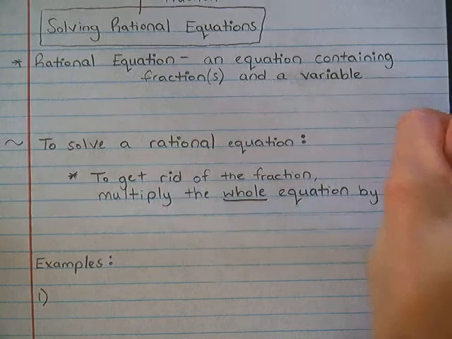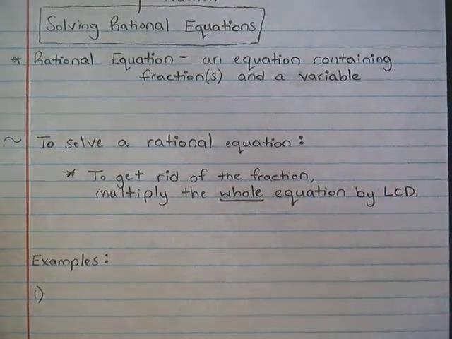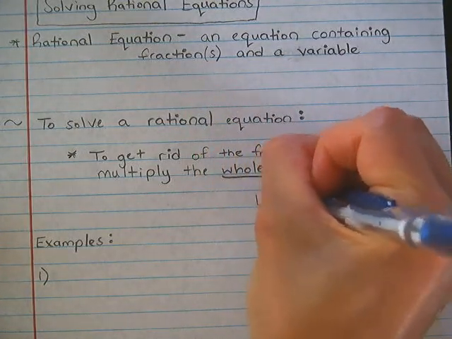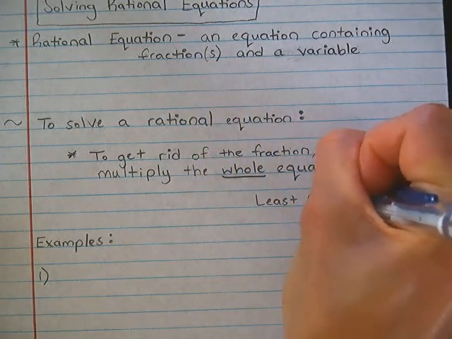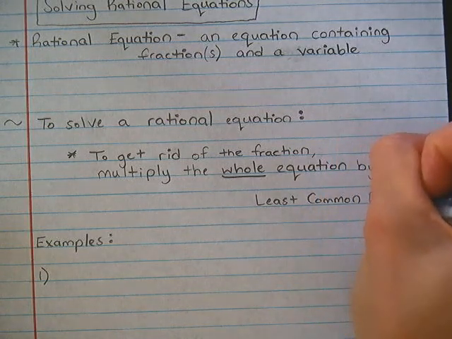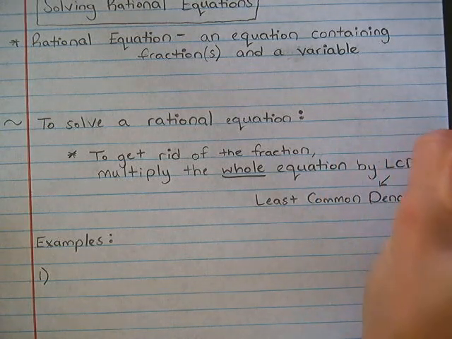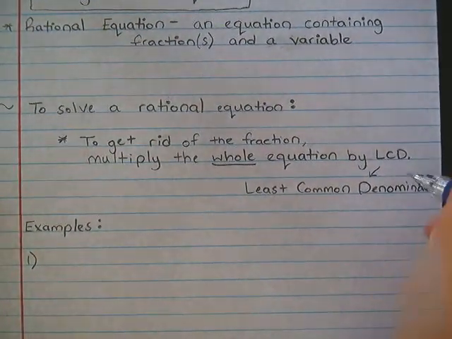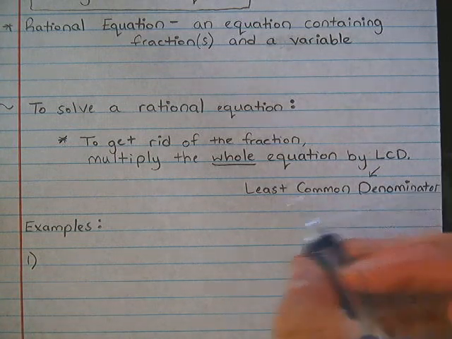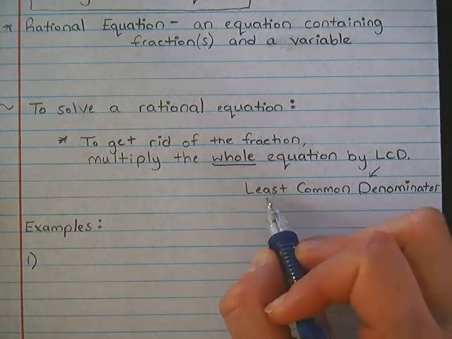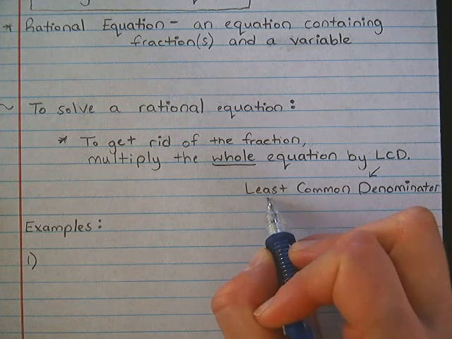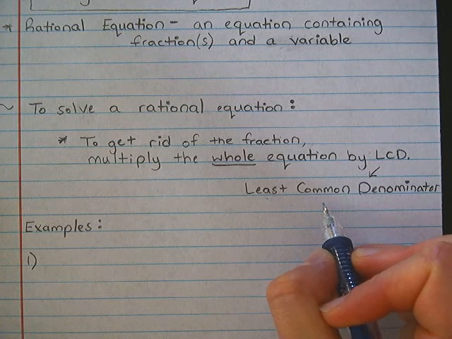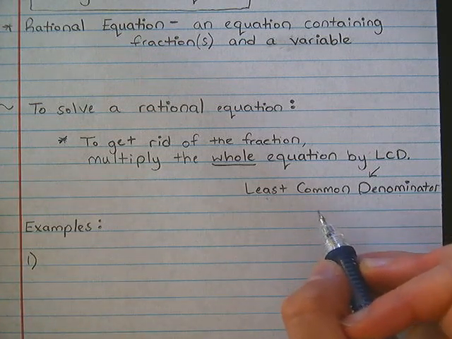Now, it's been a while since you've seen this acronym. LCD stands for least common denominator. Remember, a denominator is the number on the bottom of the fraction. If you look at the numbers on the bottom of the fractions in your equation, you're trying to find the smallest number that all of those denominators will go into, in other words, divide evenly into.